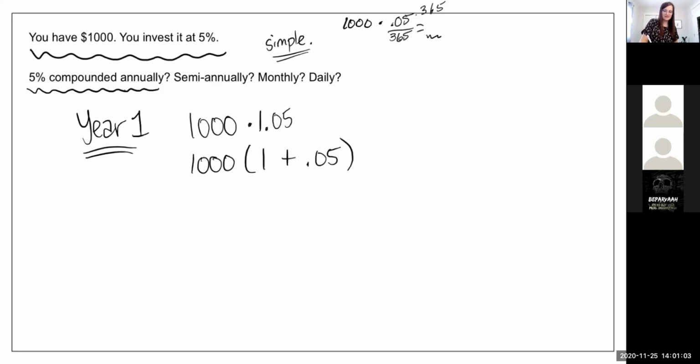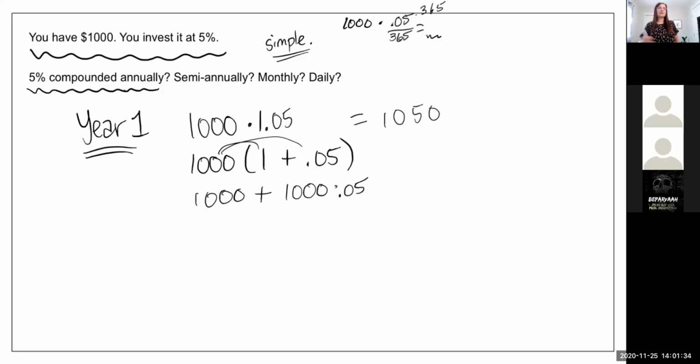And what that does is that if you multiply that in, you're getting the 1,000 plus the 1,000 times 0.05. Right? Okay, so you get your 1,050.